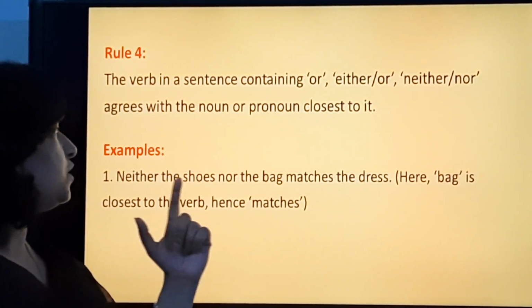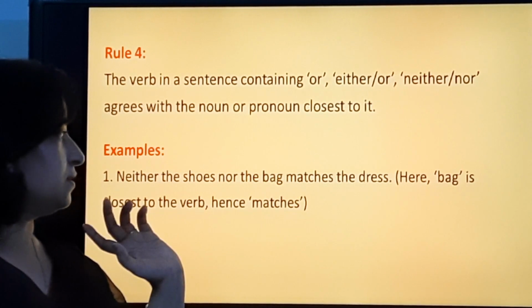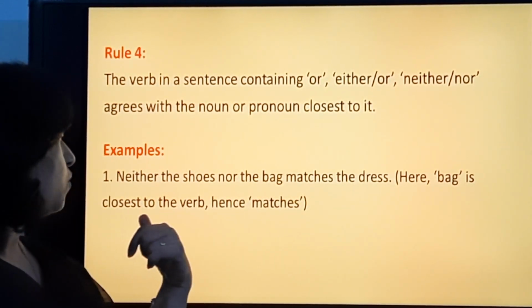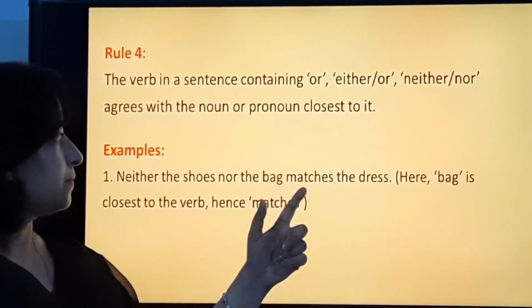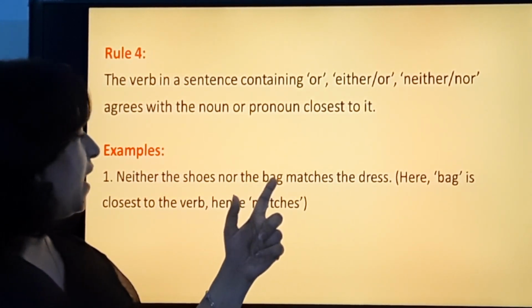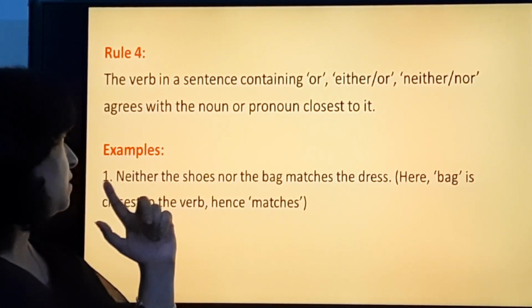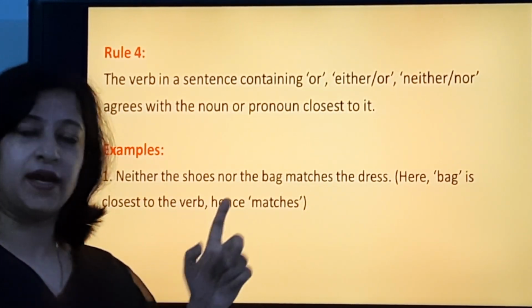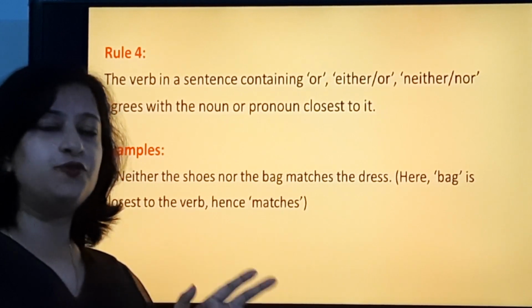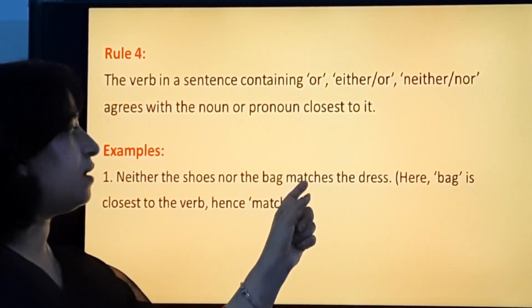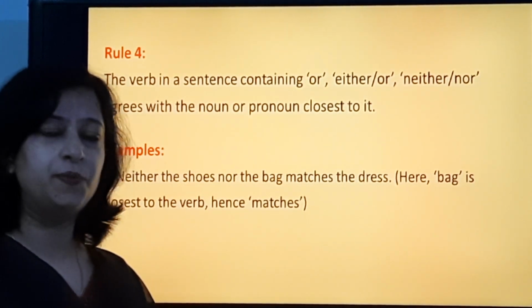See, neither the shoes nor the bag matches the dress. Here bag is closest to the verb. Two subjects are there, one is the shoes and the other one is the bag, but we have to focus on the subject which is closest to our verb. What is the verb in this sentence?